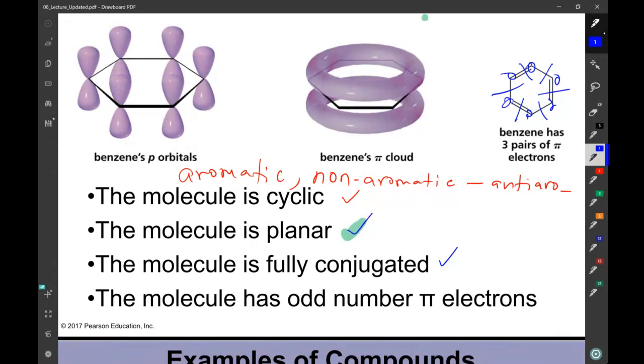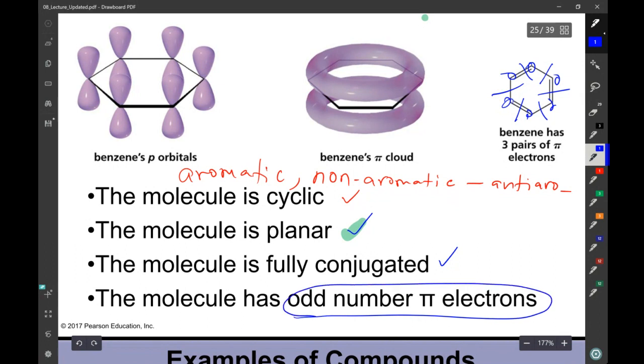The molecule must have an odd number of pairs of pi electrons. I will add the word pair. So for example, in benzene, this is a pair of pi electrons, that is a pair of pi electrons, and that is a pair of pi electrons.